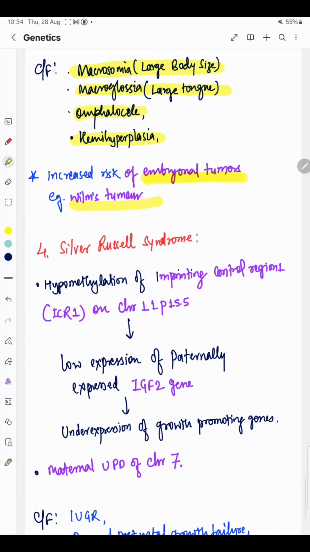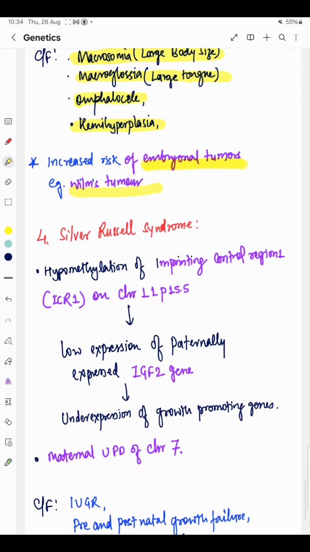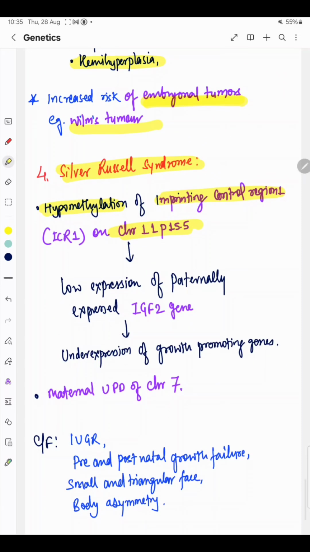One more example of a genomic imprinting disorder is Silver-Russell syndrome. This is because of hypomethylation of the imprinting control region 1 on chromosome 11p15.5. This is the opposite of Beckwith-Wiedemann syndrome.